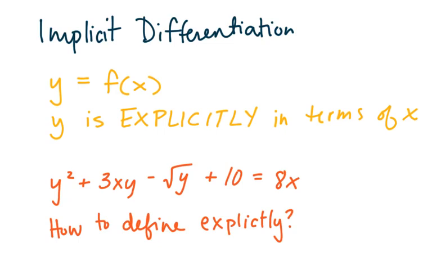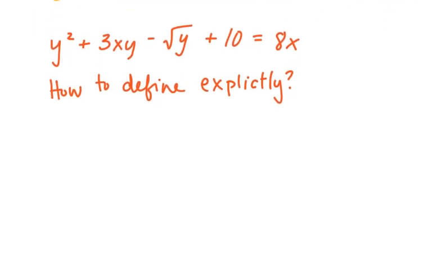So if you look at the second equation I have here, y squared plus 3xy minus the square root of x plus 10 equals 8x, how do you define that explicitly? Can you isolate the y value? And of course, it's pretty difficult to isolate the y value.